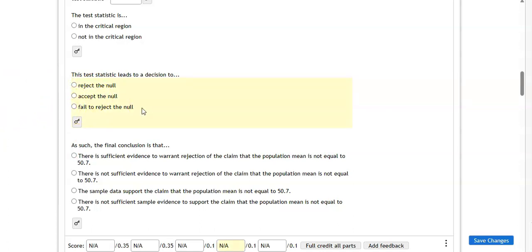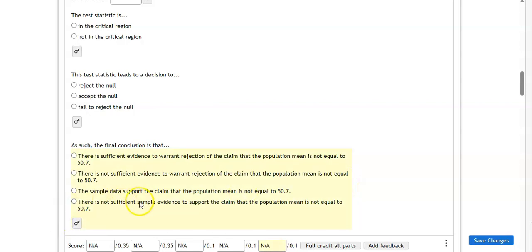Now, if we fail to reject the null, it means there's not enough evidence to support our alternate hypothesis. And we want to find the conclusion down here that goes along with that. Our alternate was that the mean was not equal to 50.7.